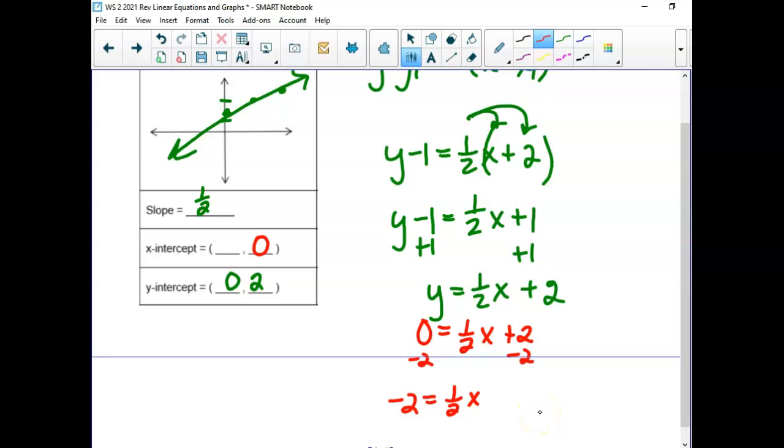Is that -1? It's saying half of something is -2. So half of what? You can use a reciprocal, or could we just use the common denominator like we were doing a minute ago? We could just multiply through by 2 and we'd have -4 equals 1x. So it is at -4, 0, and my graph is really off. That's supposed to be -4 over there.